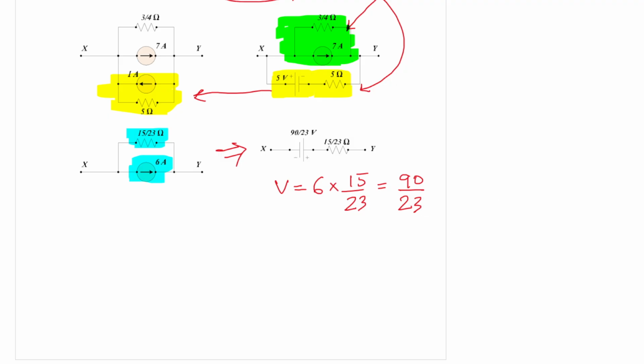Since the current direction is from X to Y, the positive plate should be aligned with node Y and the negative plate with node X, and this 15/23 ohm resistance is in series with it.